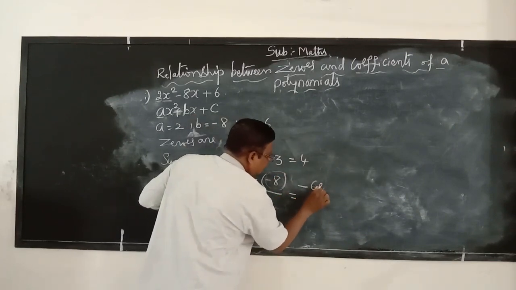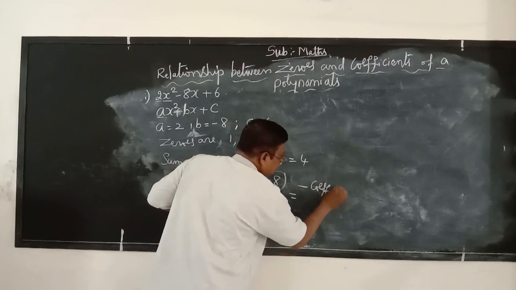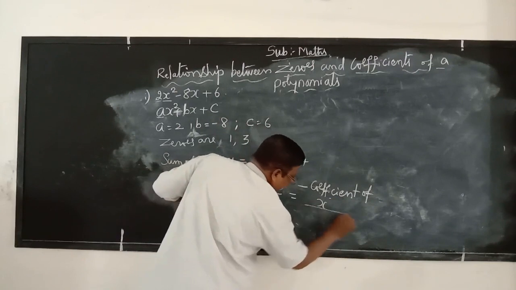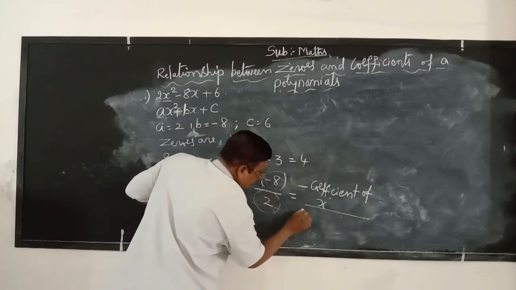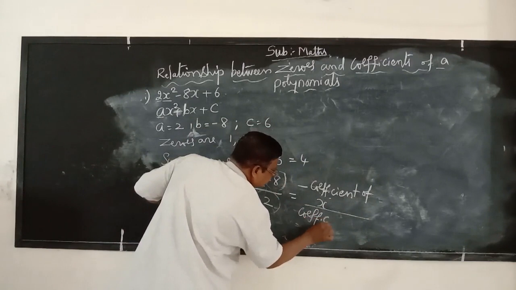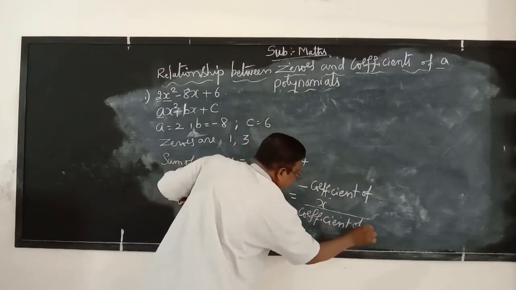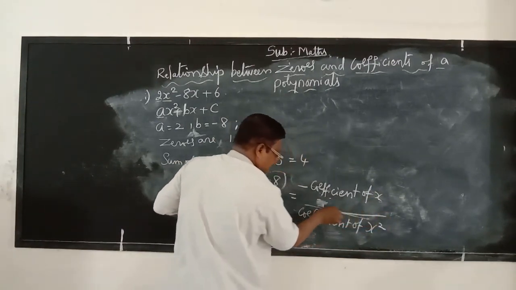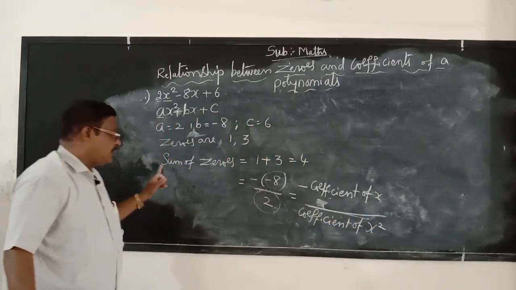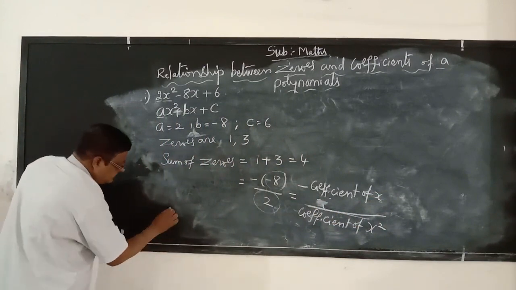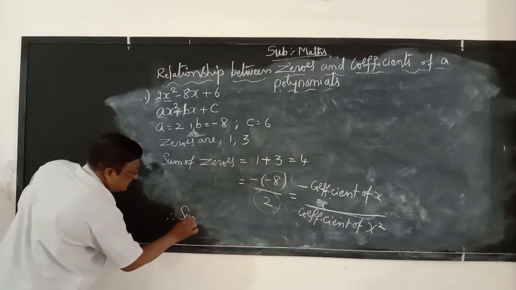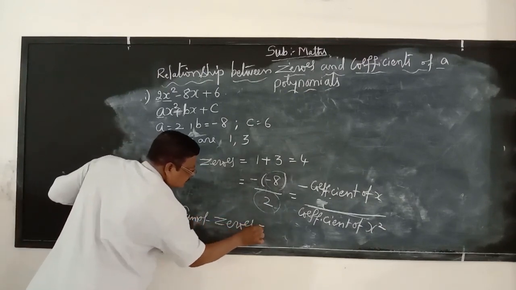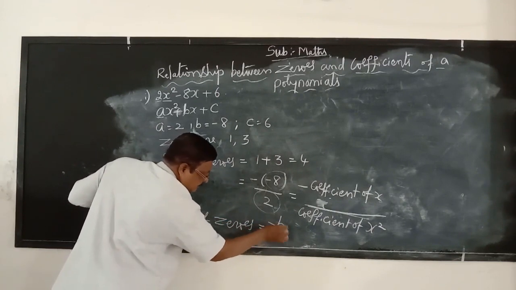Coefficient of x by, this is the coefficient of x square. Therefore, sum of zeros is equal to minus b by a.